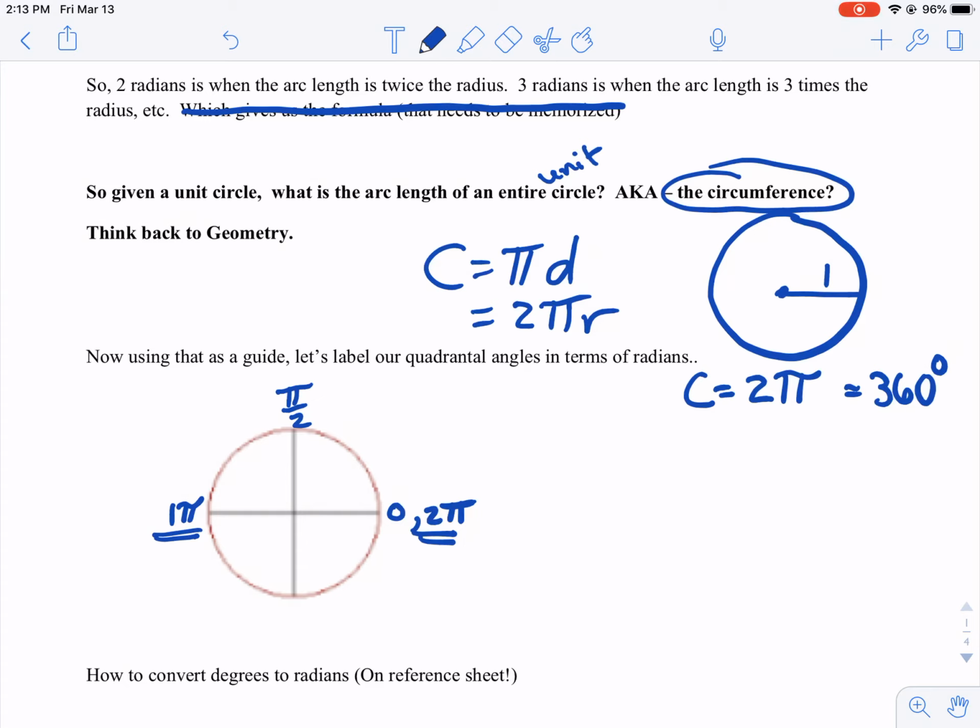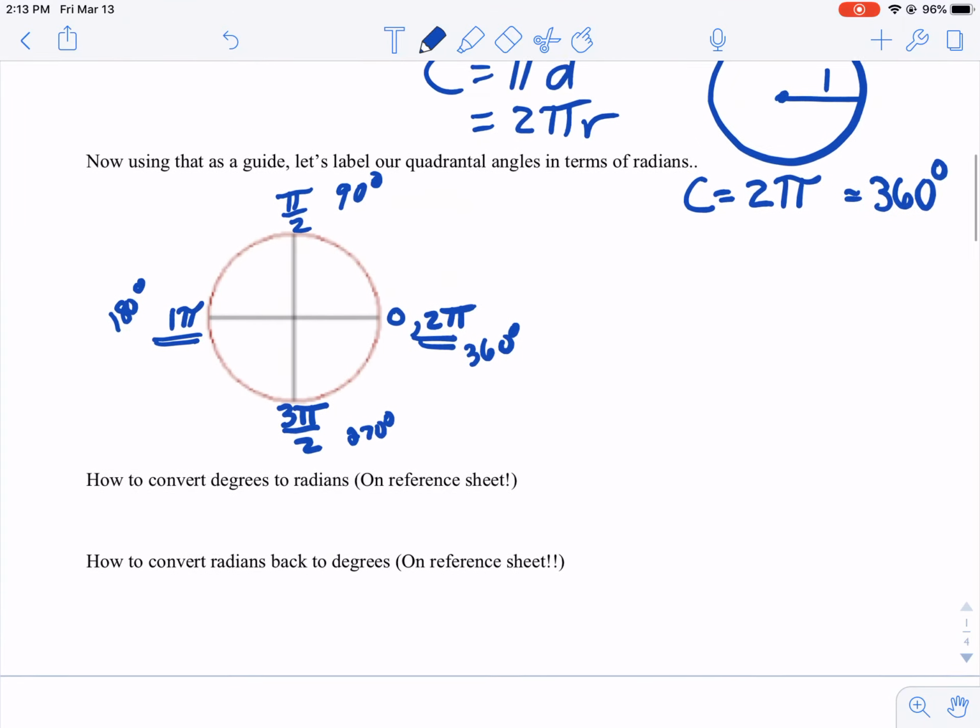So 270 down here is 1.5 pi, which we'll write as a fraction as 3 pi over 2. So those are the equivalent radian measures of your 90 degree, 180 degrees, 270 degrees, and 360 degrees. And those are going to come up often enough that by the time you get done, you'll have them memorized whether you try or not.